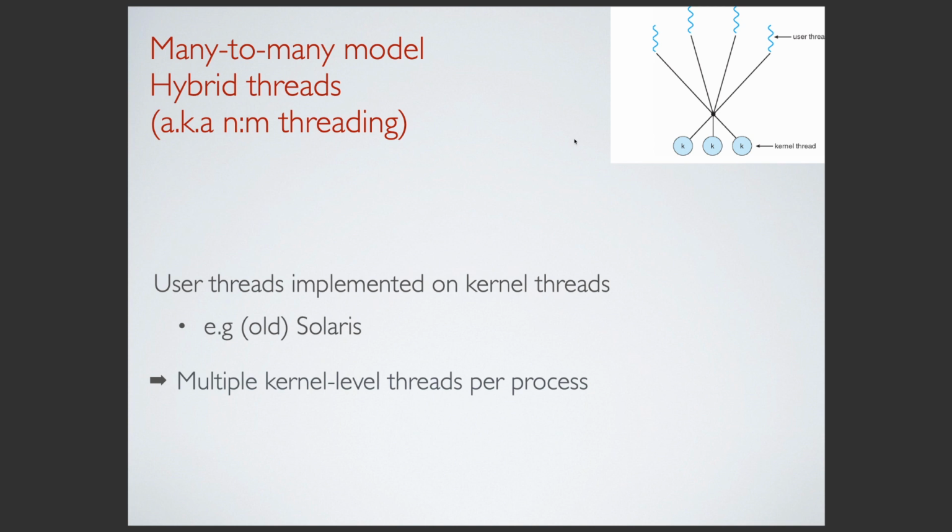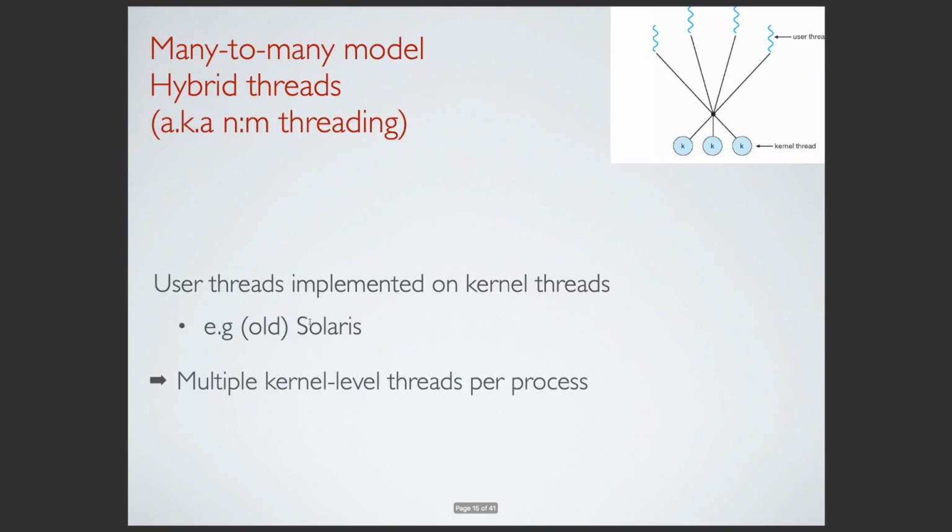What's the hybrid approach? Imagine you have some kind of a pool of kernel threads that you're going to schedule, and then you have many user threads. Usually, you have more user threads than kernel threads. And then you try to allocate every user thread to a kernel thread. That's why we call it N-M multiplexing threading usually.